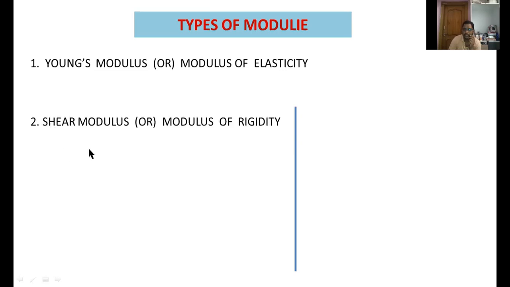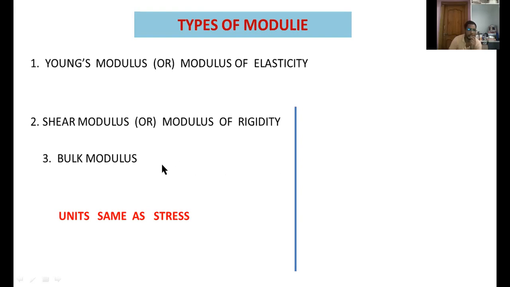The second is shear modulus, or modulus of rigidity, used to identify the behavior of the rigidity of the body. The third is the bulk modulus, used to predict the behavior of volumetric bodies.